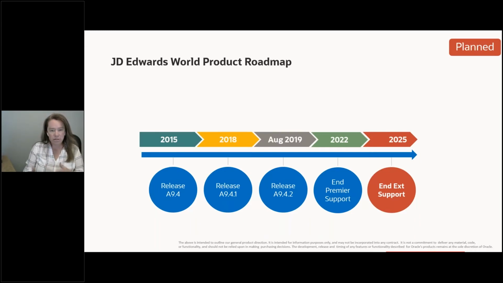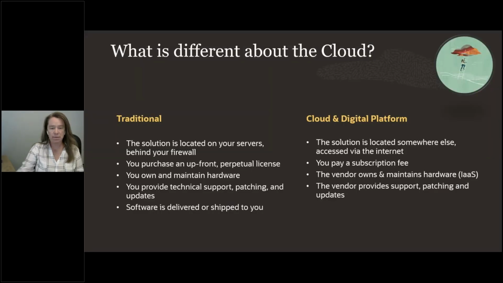Okay, so I'm going to transition now, and I'm also going to take a bit of a step back and talk a little more generally about the difference. We keep talking about cloud, so what's the difference? Some of this relates to the infrastructure, the Oracle Cloud Infrastructure I was talking about. A lot of it also applies to software as a service, or SaaS.